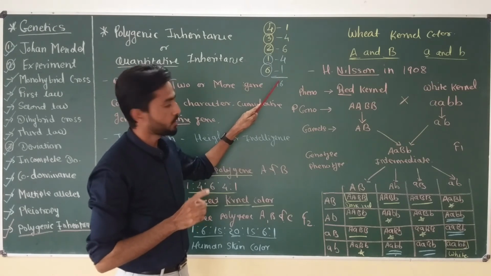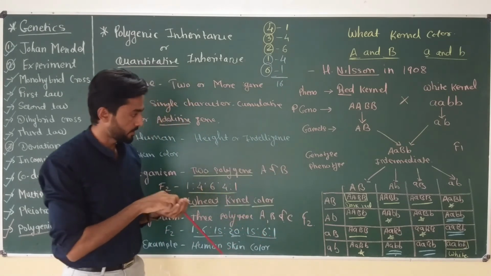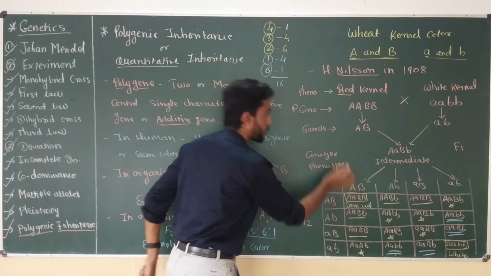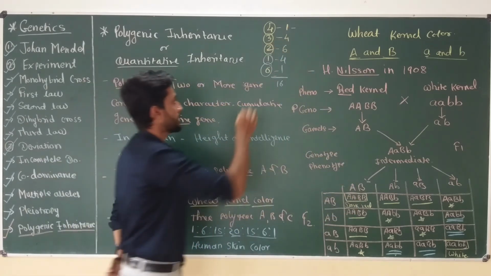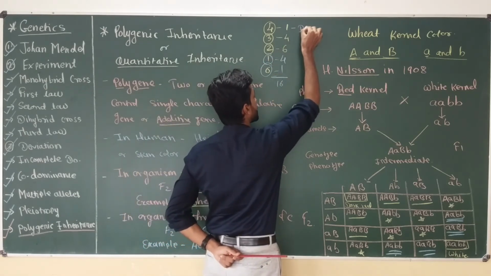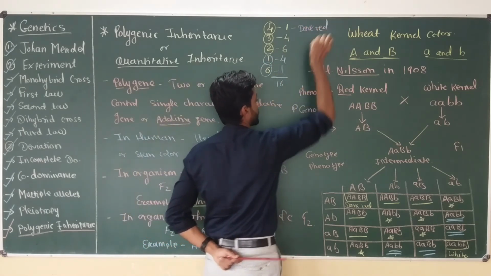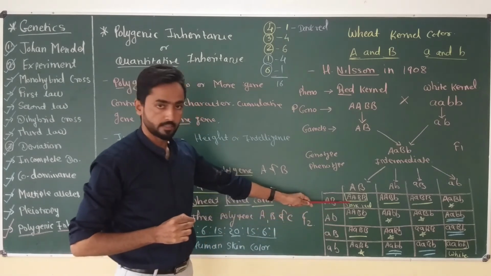Now we are going to focus on the phenotype of these organisms. If the organism has all 4 dominant genes, in that case the color becomes dark red. So the kernel color will be dark red in this organism.